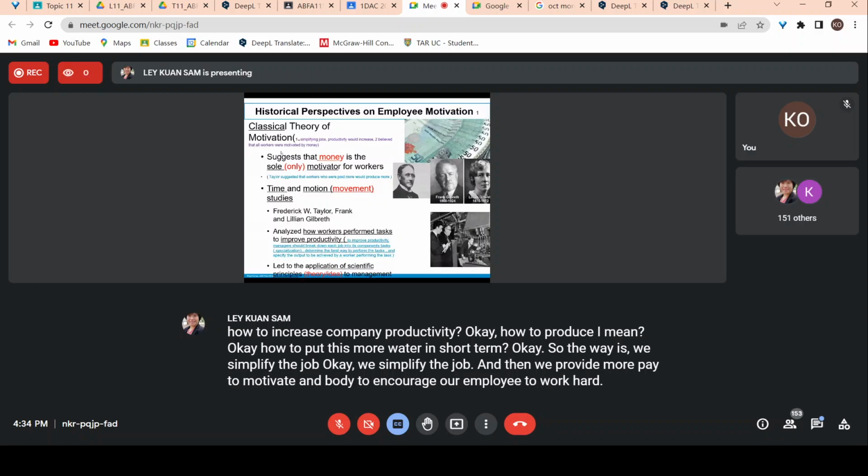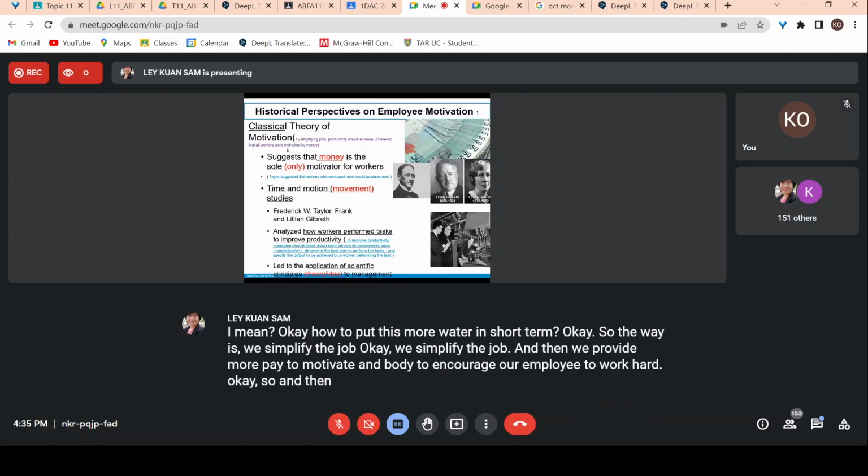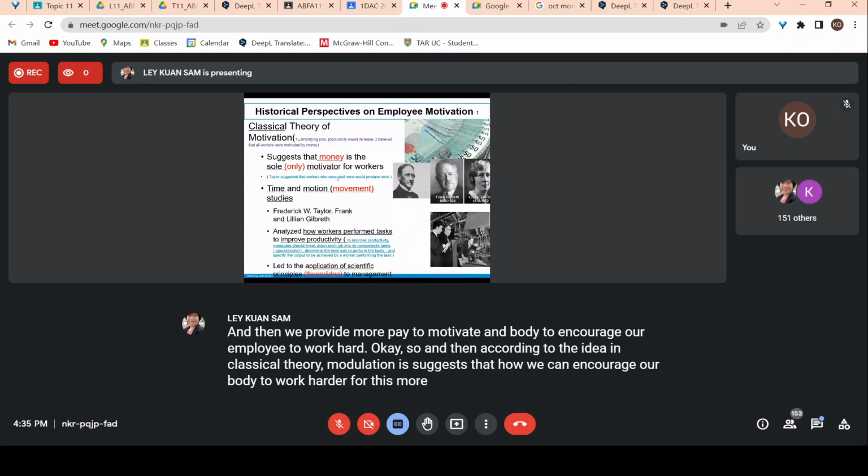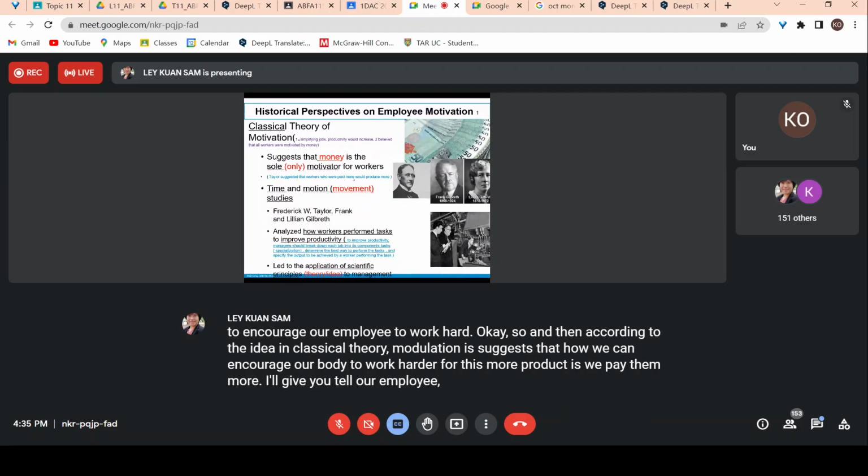According to the idea in classical theory of motivation, how we can encourage our employees to work harder for more product is we pay them more.